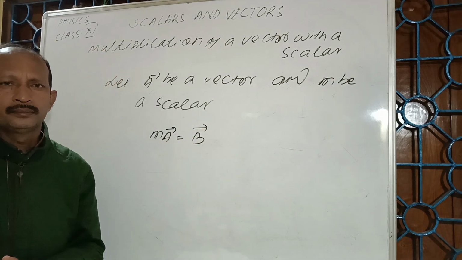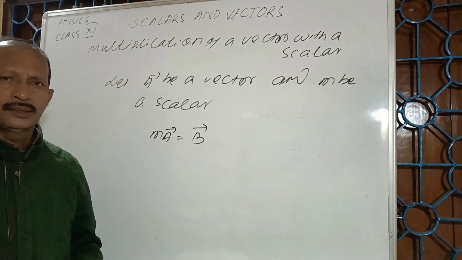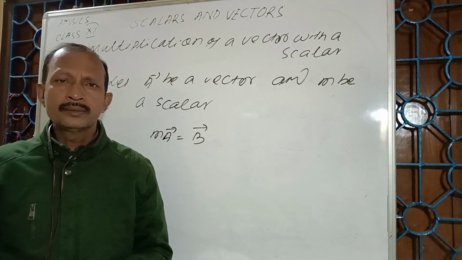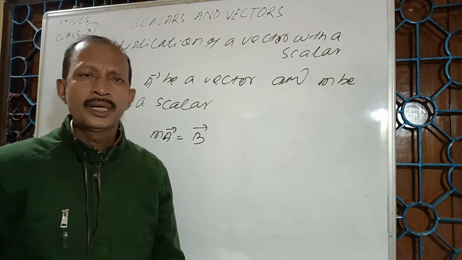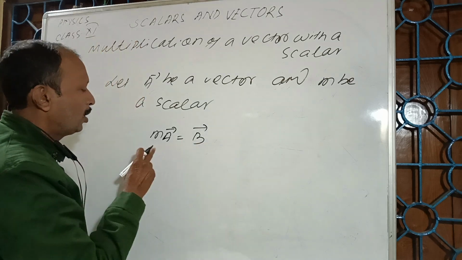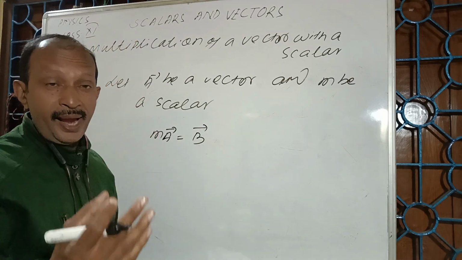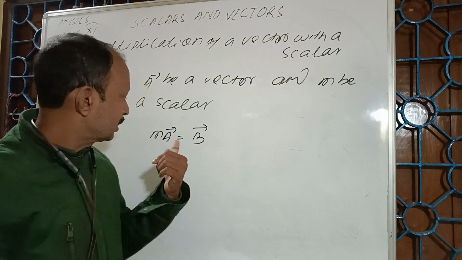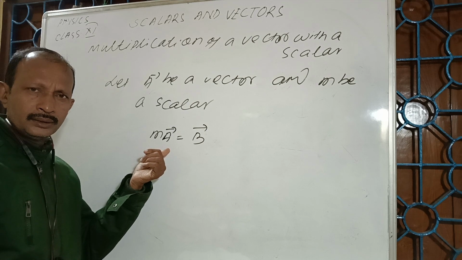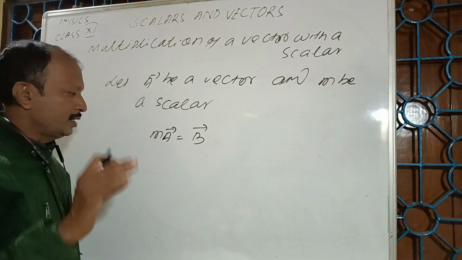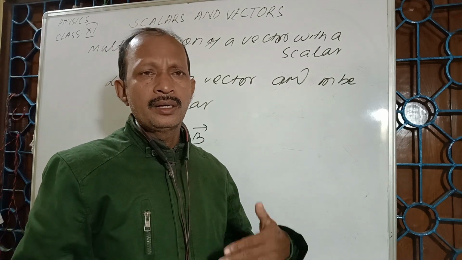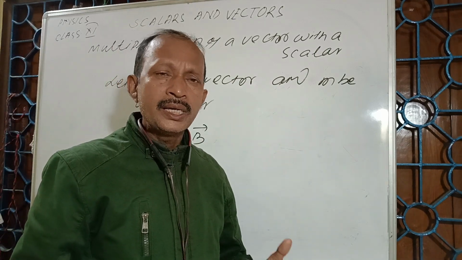This is a vector. So whenever you are multiplying a scalar with a vector, the result will be a vector and its direction will be the direction of the original vector, and its magnitude will be the product of the scalar and vector magnitude. So I can say that the product of a scalar with a vector is a vector.